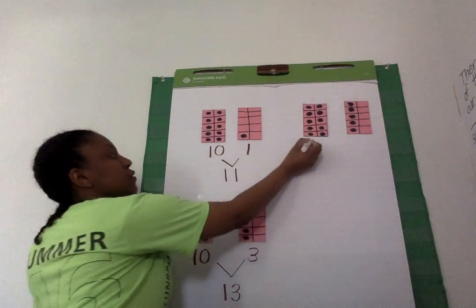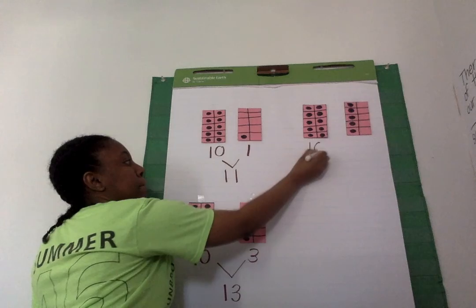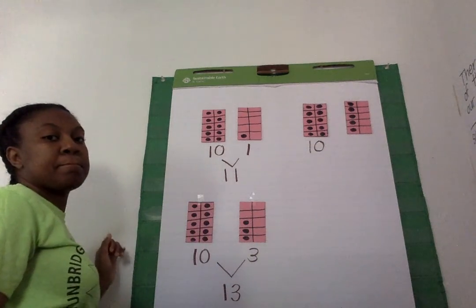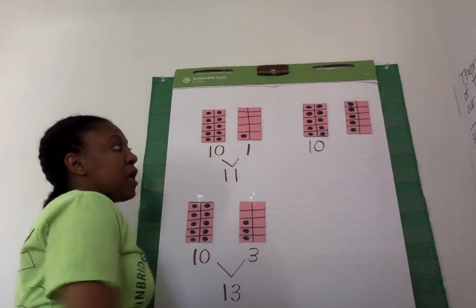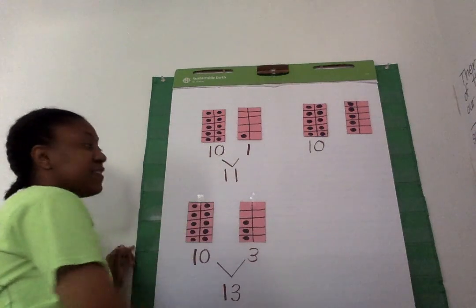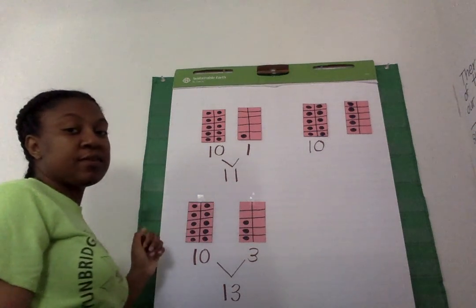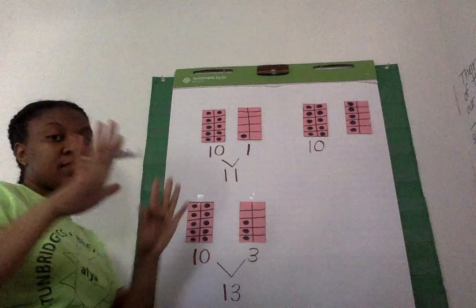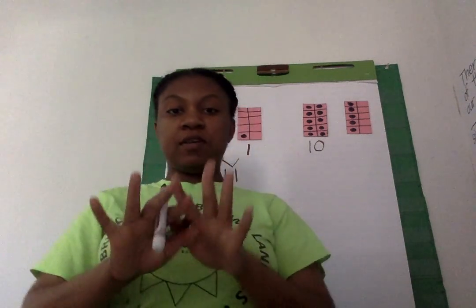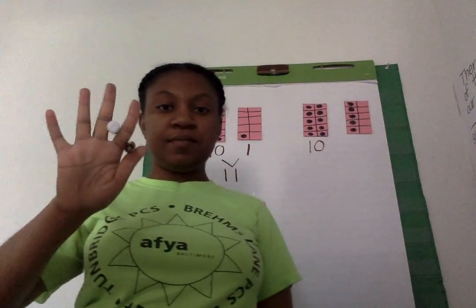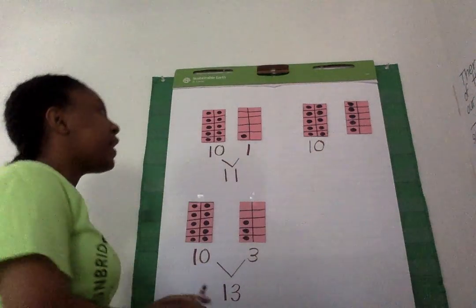Well, we know that this is 10. And how many are here? If it's half of the 10 frame. If this is a 10 frame, 10 fingers, and we take away half, how many are left? That's right, it's 5.